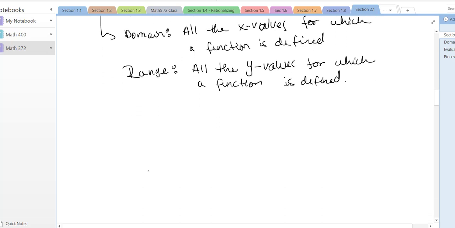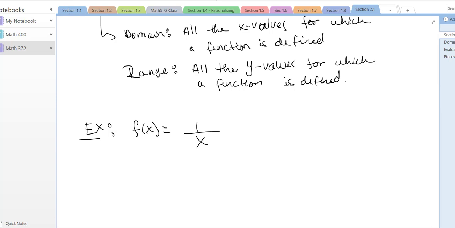So for example, if I give you a function f of x is equal to, say, 1 over x, notice here, is there an x you can think of that is not defined, that is not going to have a y value? As soon as I see that I have a fraction, I know we cannot divide by 0. So I can already tell from here, I don't want x to be 0. But everything else will be fine.